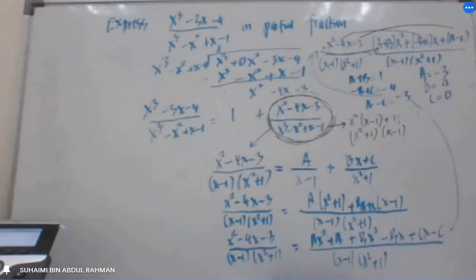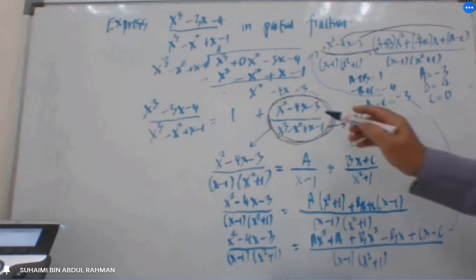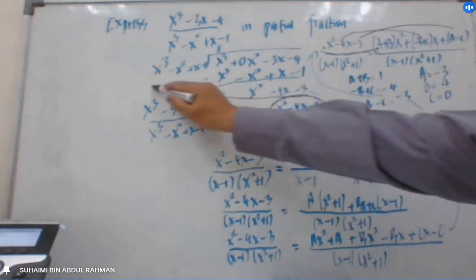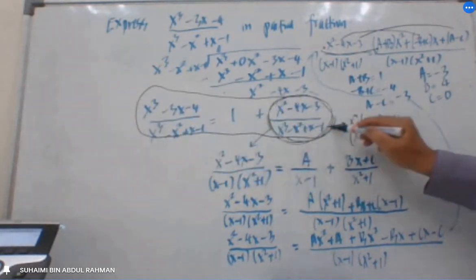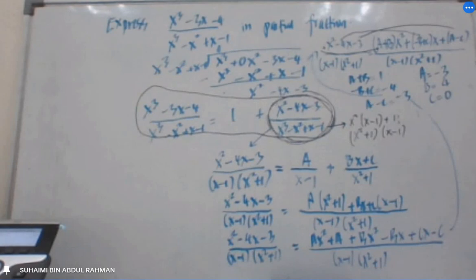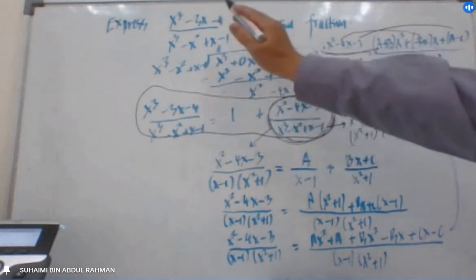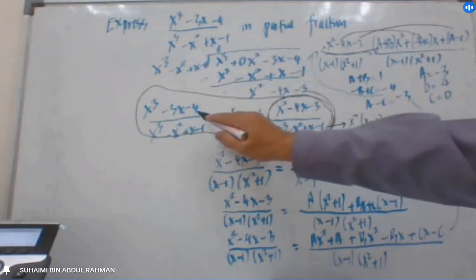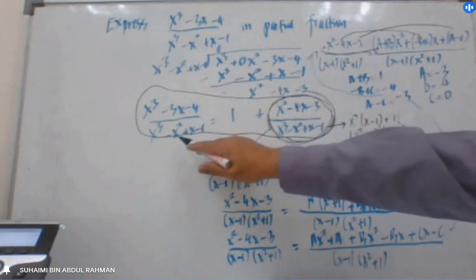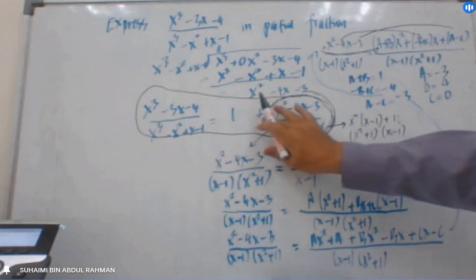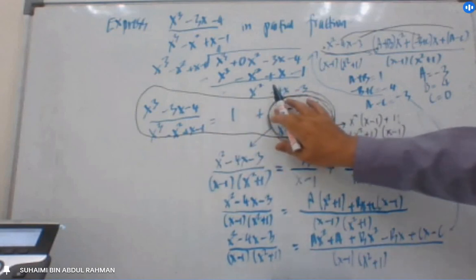So we go back to the original. The question is x cubed minus 3x to the power of 4 minus 4 over x cubed minus x squared plus x minus 1, which is equal to 1 plus this part.